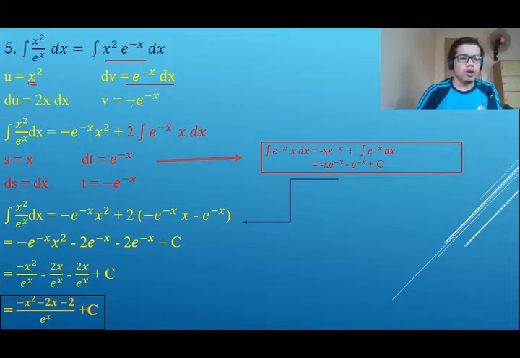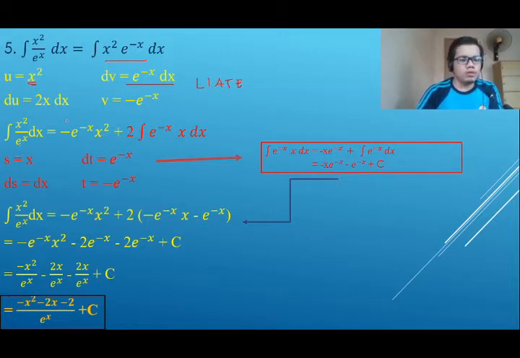Now I am using the trick of LIATE, or whichever term can be first easily simplified. I assign that to u, and the rest will be assigned to dv and v.